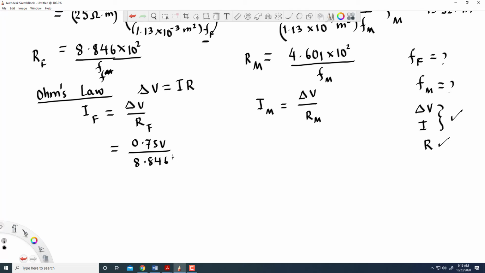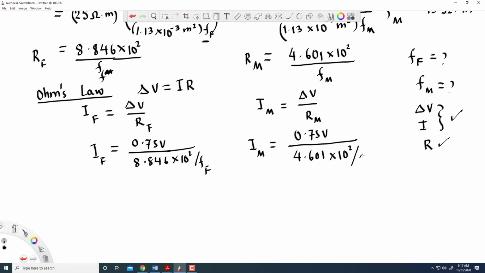And then RF is what we found, 8.846 times 10 to 2, and then this FF, okay, it's here, F sub F, that's the current passing through the fat, current passing through muscle, 0.75 volts over resistance of the muscle, 4.601 times 10 to 2 over Fm.